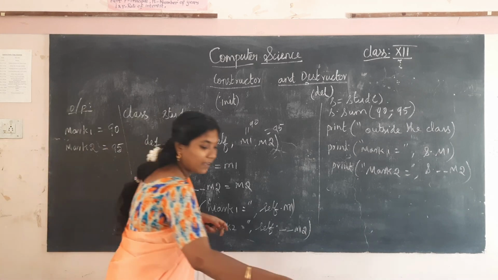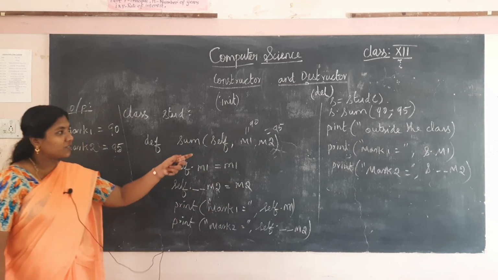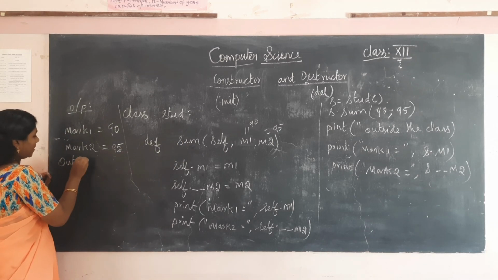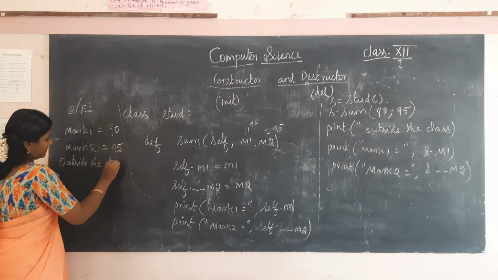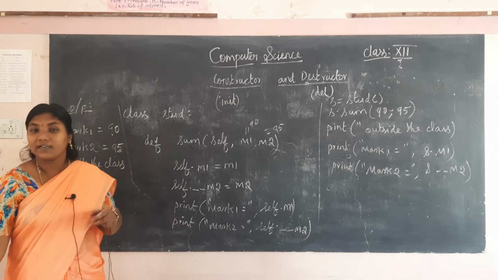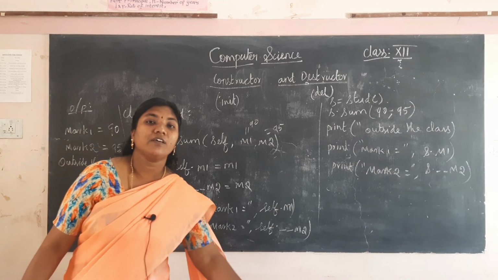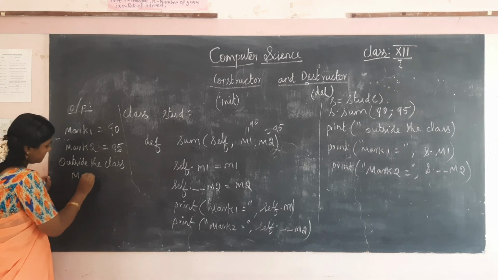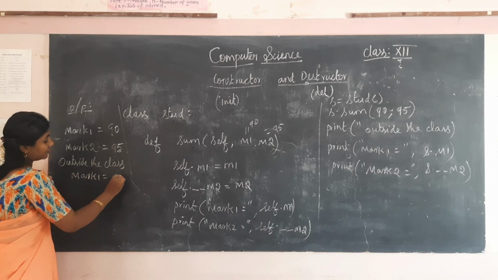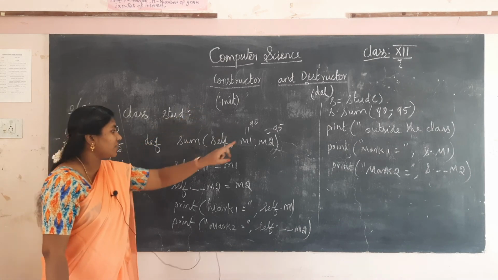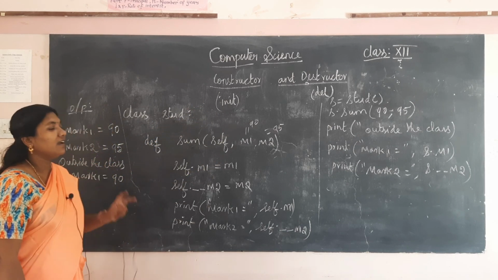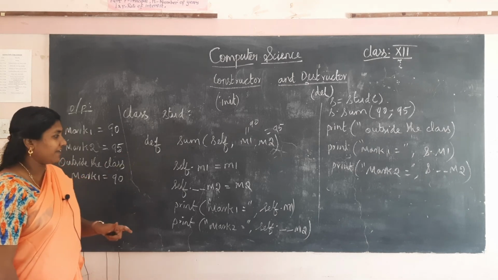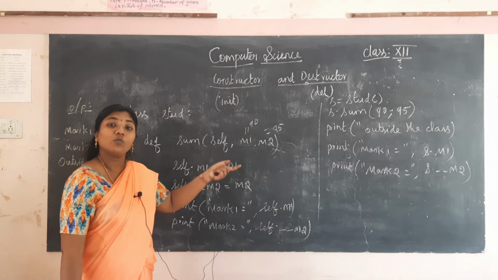Okay. So next, what is the statement? Outside the class. So for outside the class I will be having print mark 1 is equal to 90. For student I have created an object, so s dot m1 will have 90, but s dot double underscore m2 is a private variable, and it is accessed outside the class.